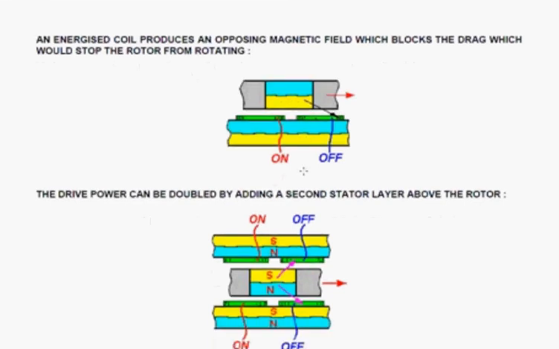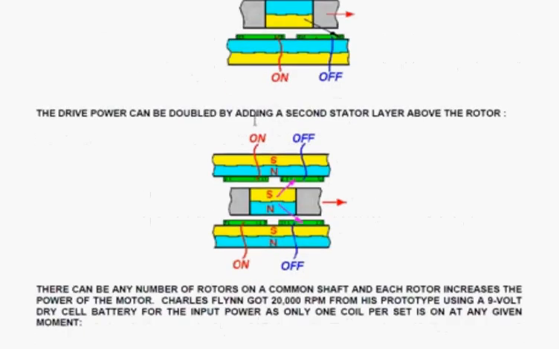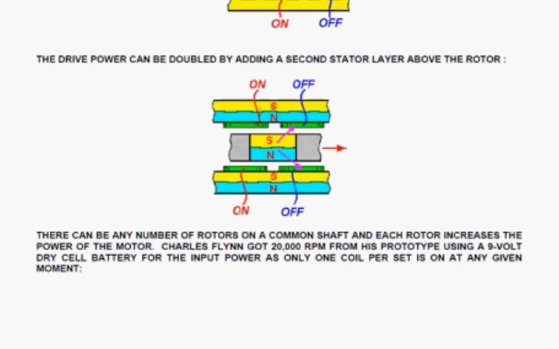And the interesting thing, of course, is that only one coil needs to be powered per magnet in the rotor. You can double the output power by using a second magnet on top, and then the two coils that are above and below give a moment.